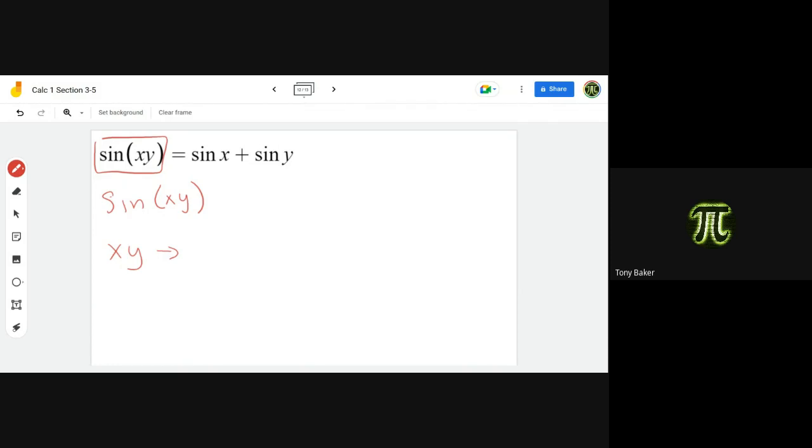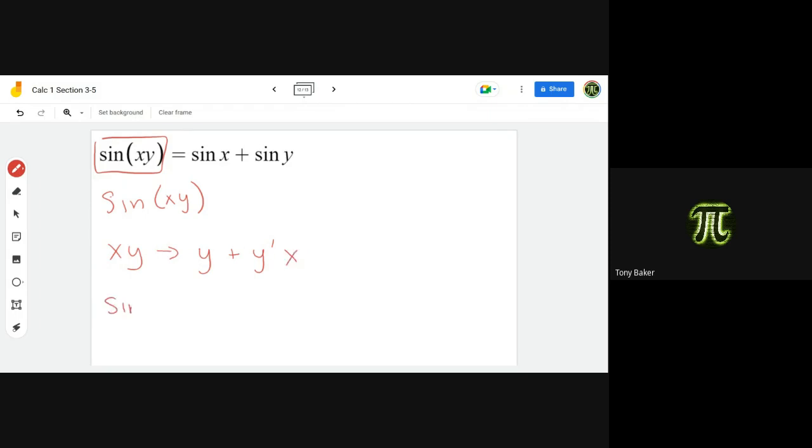Okay. So what's the derivative of x? 1 times y. What's the derivative of y? Yeah, we'll use y prime in this one. This is going to be more complicated. Times x. All right.